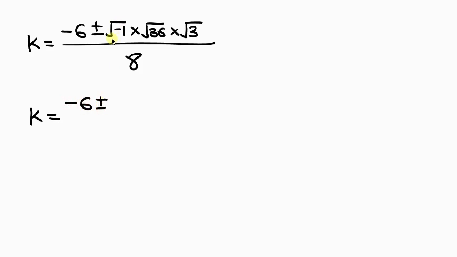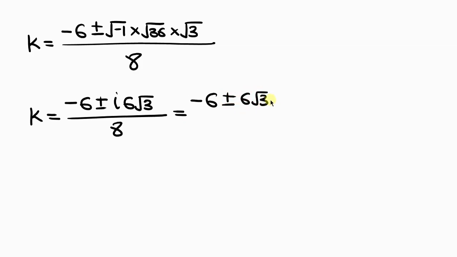Now the square root of negative 1 is iota, the square root of 36 is 6, times root 3. Well, this is the same as writing it as negative 6 plus or minus 6 root 3 times iota. That's it. Still the same thing.